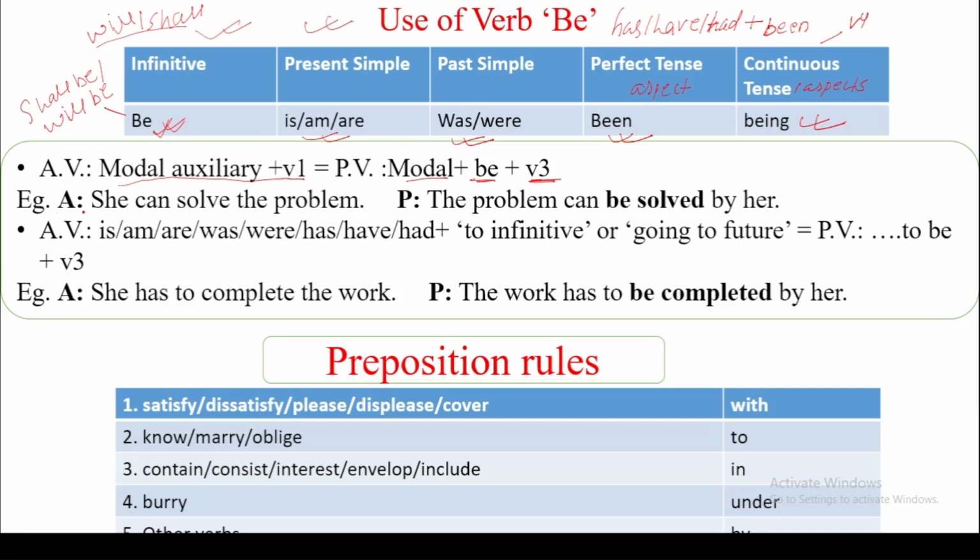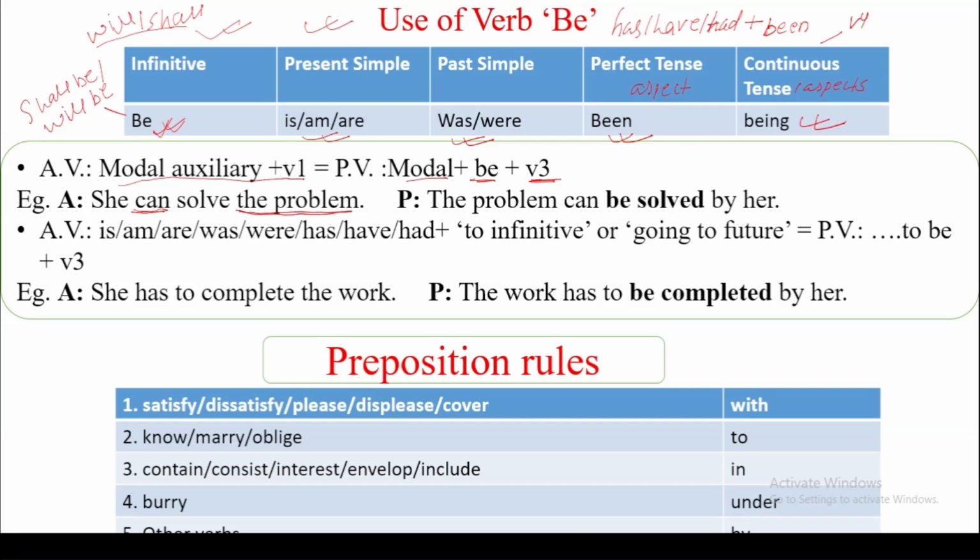For example, she can solve the problem. Here, can is a modal auxiliary verb. If we change this sentence into passive, the first thing is that we write this object as subject in passive.